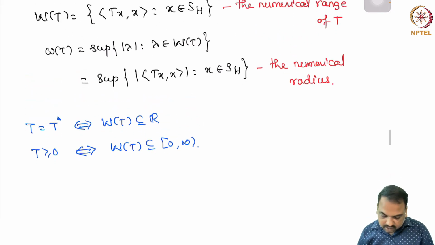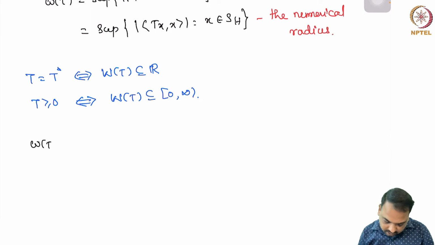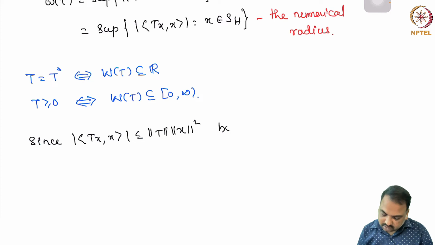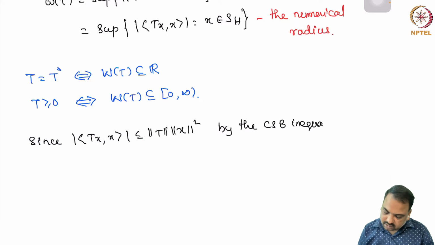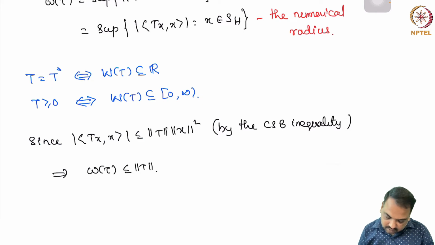Now we can easily see that omega T is always dominated by the norm of T. Since the modulus of the inner product of Tx with x is less than or equal to norm T times norm x squared by the Cauchy-Schwarz inequality, this implies the numerical radius is always less than or equal to norm T. This is for a general operator.